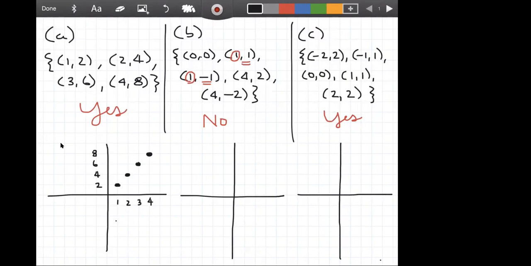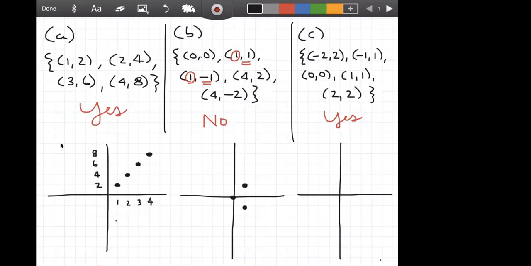And although I know it's tempting, I'm not going to connect those with a line. This function contains just those 4 ordered pairs. It doesn't contain anything in between. So that's actually the complete graph. Letter B, which will just have its normal scale, is (0,0), and then (1,1), and then (1,-1).